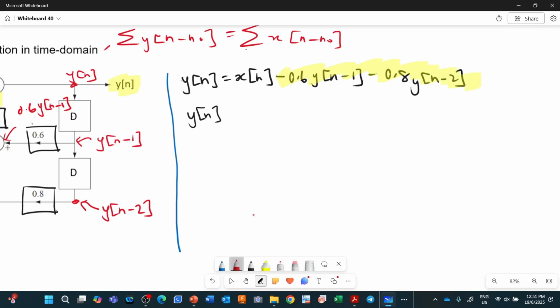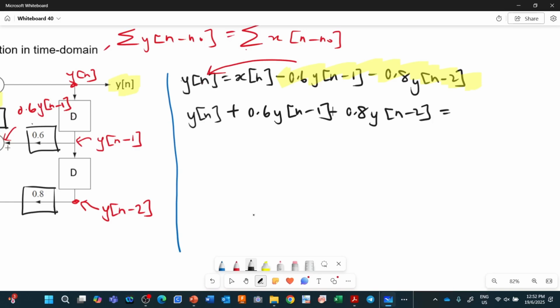So you have here plus 0.6 y[n-1] plus 0.8 y[n-2] equivalent to x[n]. So this is the answer.